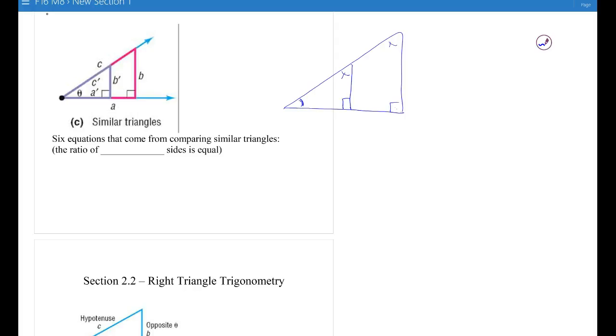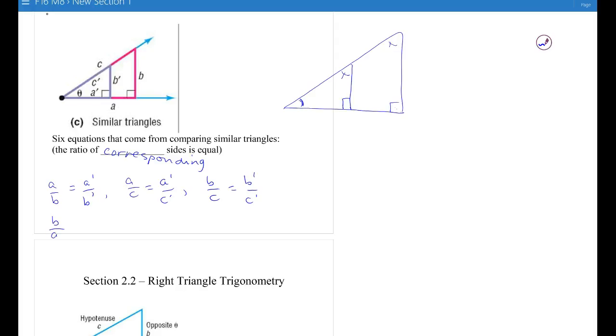So there are 6 equations that come from comparing similar triangles. Recall that it's the ratios of corresponding sides that are equal. So a to b must equal a prime to b prime, and a to c must equal a prime to c prime, and b to c must equal b prime to c prime. These are called proportions when you have 2 ratios that are equal.